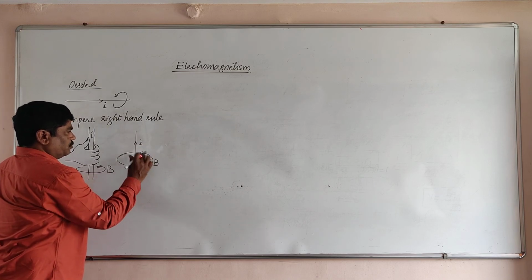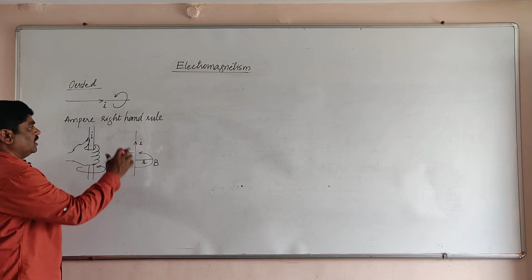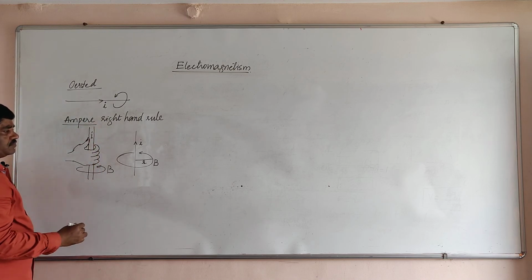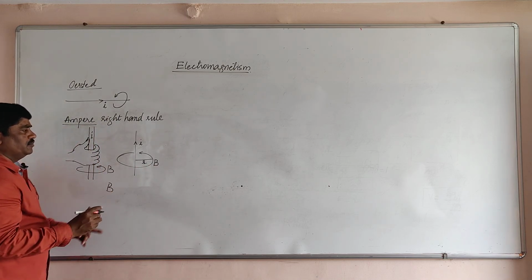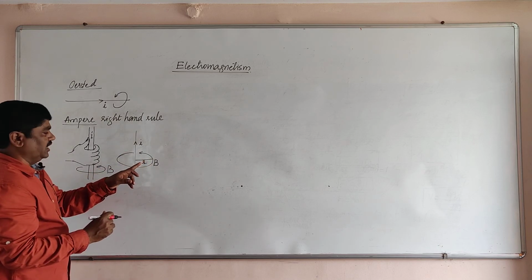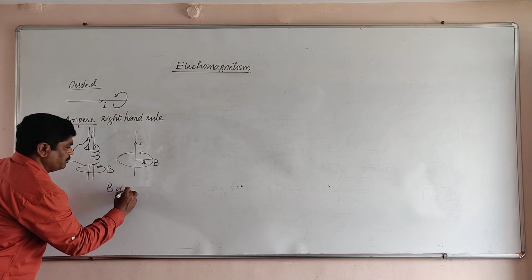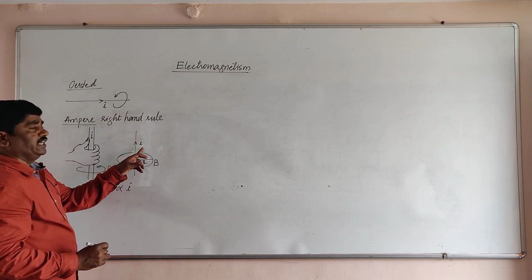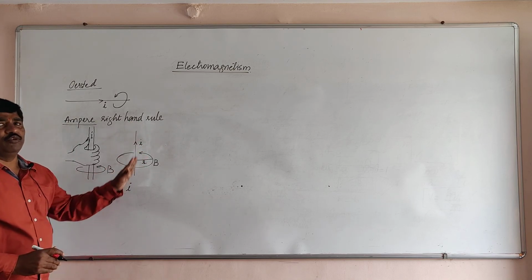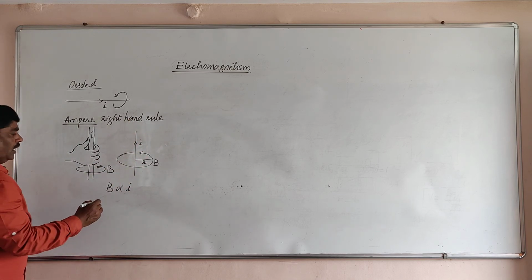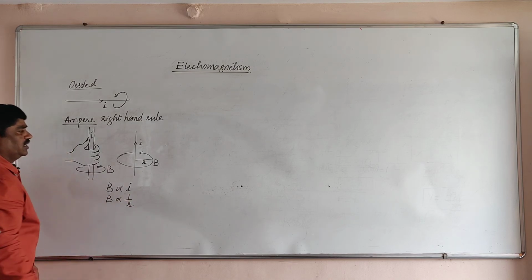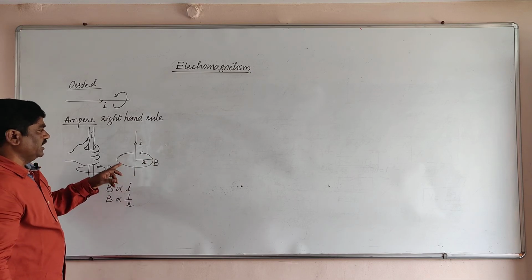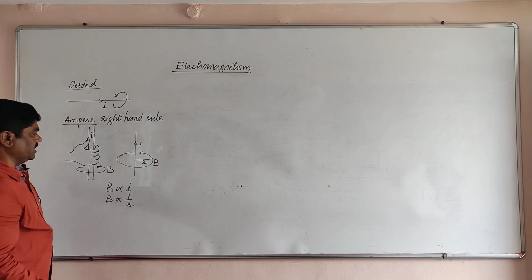According to Ampere, this magnetic field is directly proportional to the strength of the current flowing in the conductor, and inversely proportional to the radius of the radial field around the conductor.